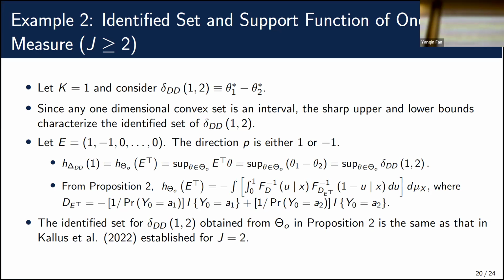But what Callis derived, remember, was for two classes only. And our result here shows that if you're just interested in one DD measure, for instance, this one, then it doesn't matter what the big J is, how many classes you have, the closed interval, the identified set, is the same as in the case of two classes.